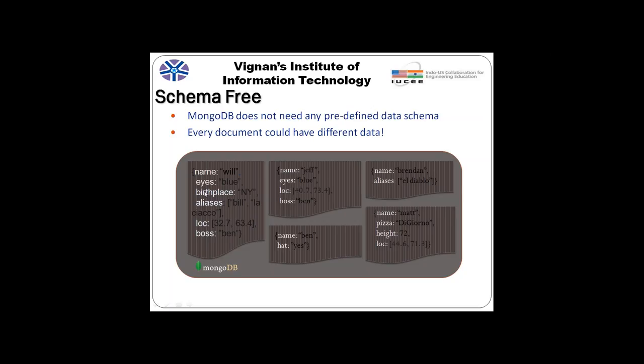I have defined name, eyes, birthplace, alias, LOC, boss, all these things, right? And every document could have different data. So this is one document which has different data, another document with different data, another document with different data, right? That is why we call it schema free.